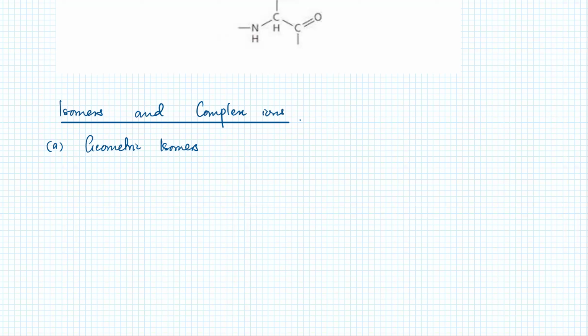So geometric isomers are your cis and trans isomers. What happens in geometric isomers is, if you remember organic chemistry, same side and opposite side.